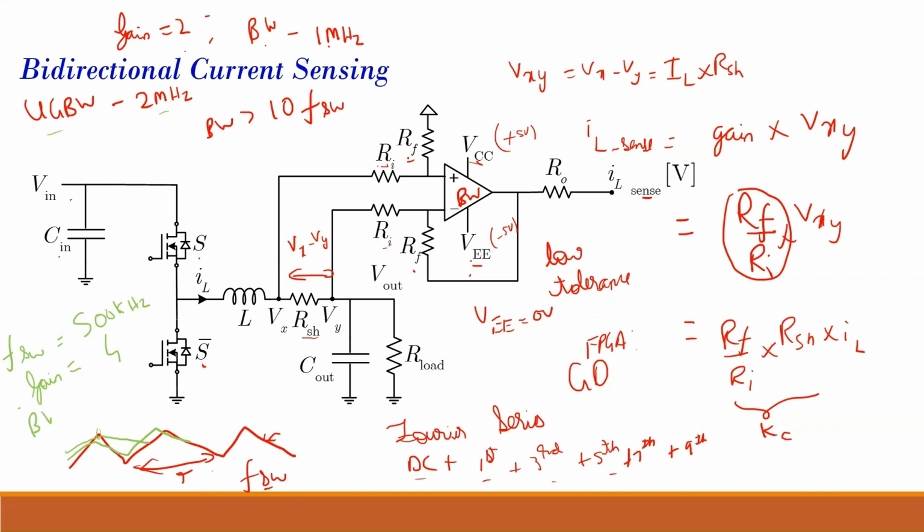So the bandwidth of your sensing will be 2 megahertz divided by 4, which is 500 kilohertz. In this case, your sense signal will not have the shape of your inductor current. It won't reflect your inductor current to a good degree, and it will not be sufficient.